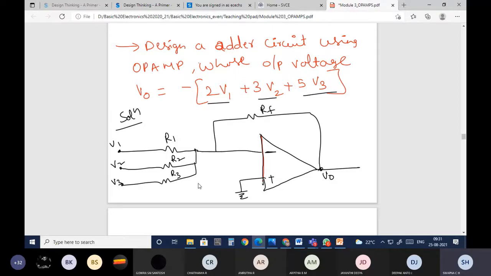Whenever they ask you to design, you need to find out the resistances in the circuit. If you have an integrator, then you need to find the values of the resistor and the capacitor. But here, since you have only resistances, you need to find those.